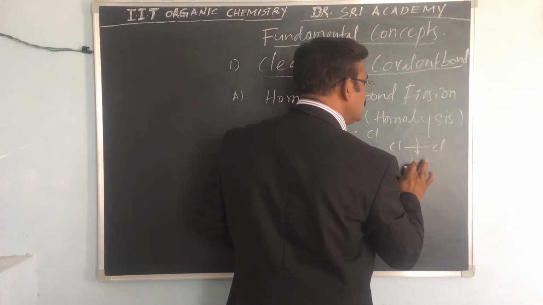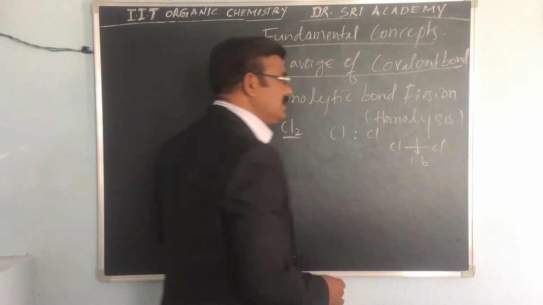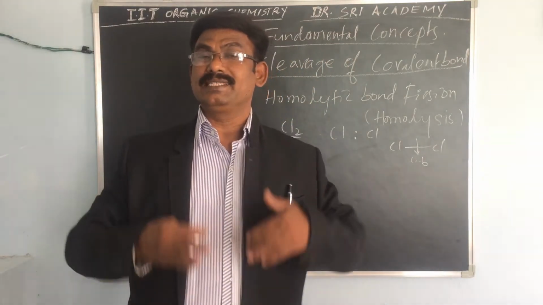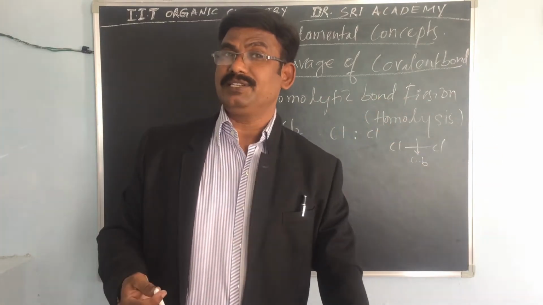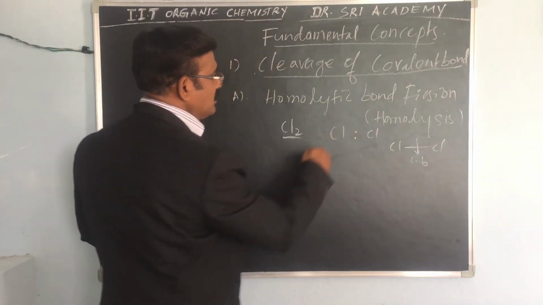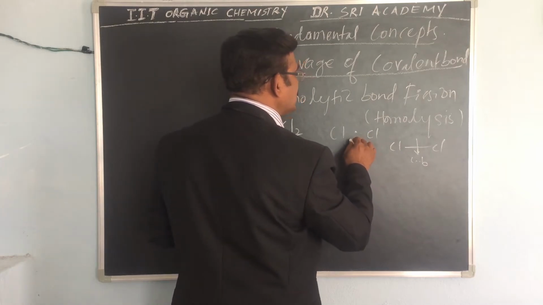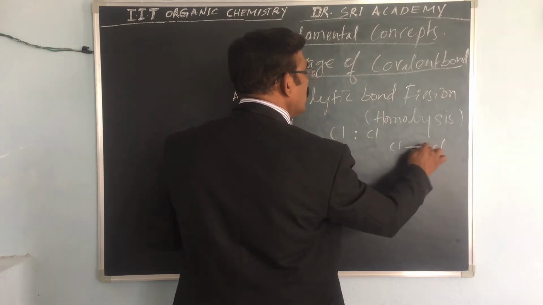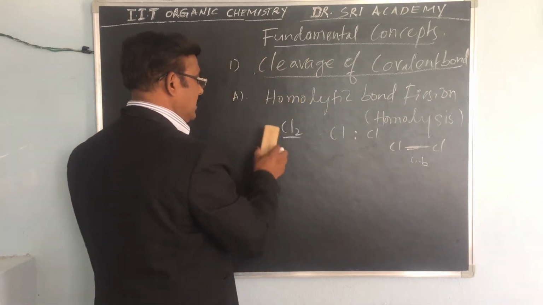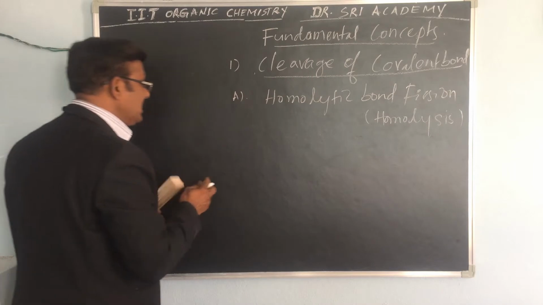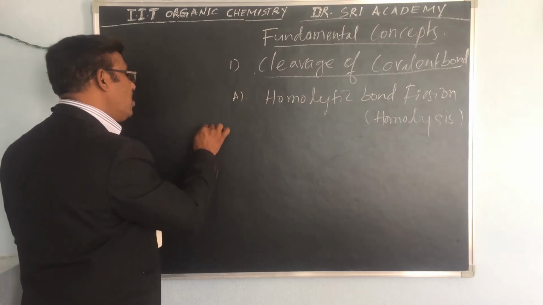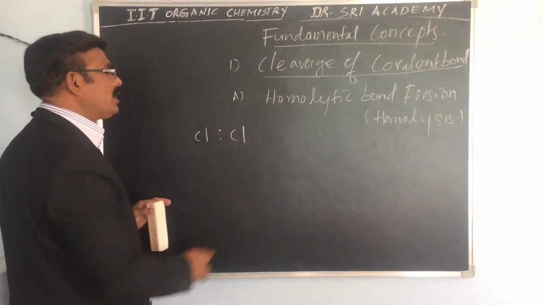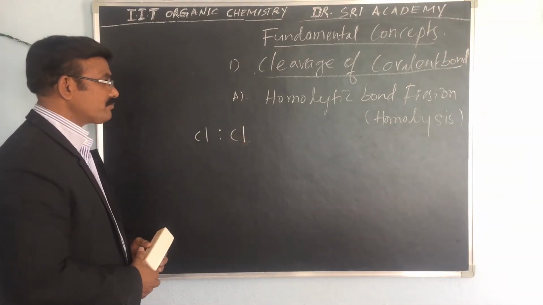I will tell you how free radical formation takes place. As I told you in the first class, two electrons are equal to one single bond. One bond is equal to two electrons. So between the two chlorine atoms, two electrons are there.